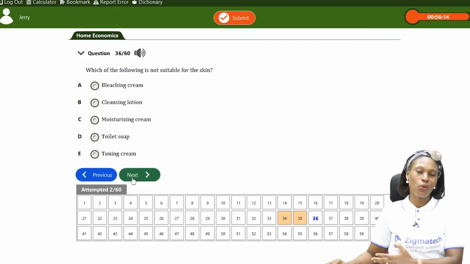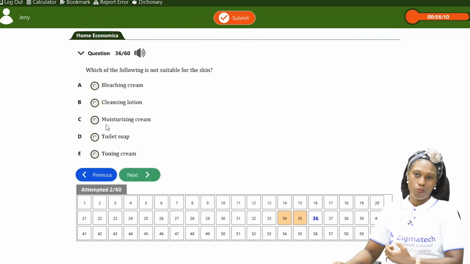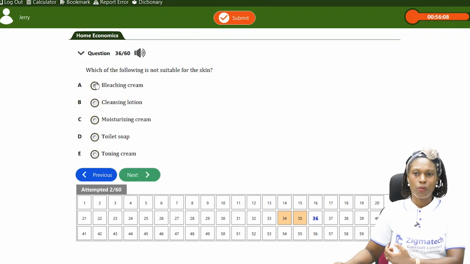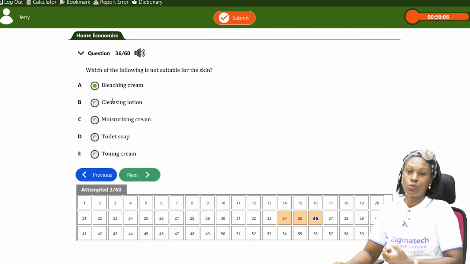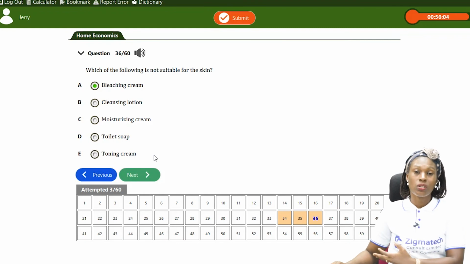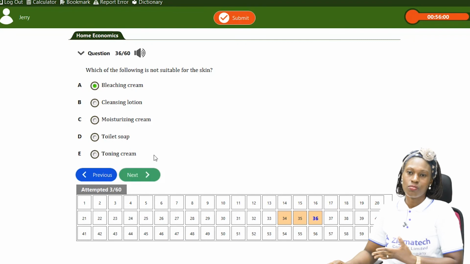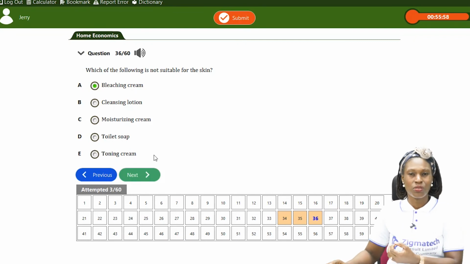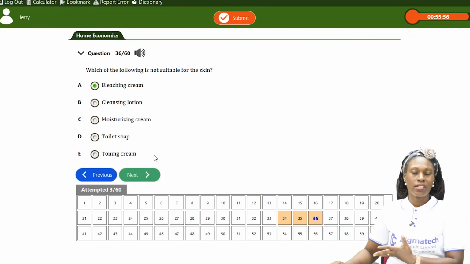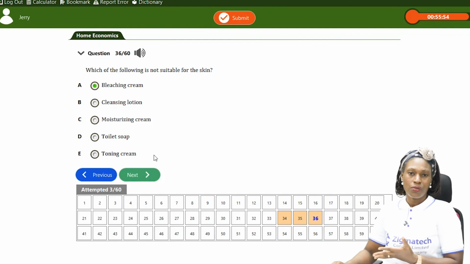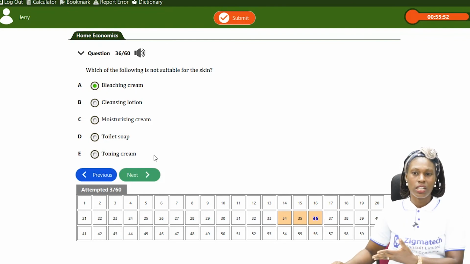So which of the following is not suitable for the skin? It is bleaching cream, of course. Bleaching cream is not suitable for the skin. They contain some components that are not healthy for the skin, such as hydroquinone. So it's not good that we get ourselves involved with bleaching cream.